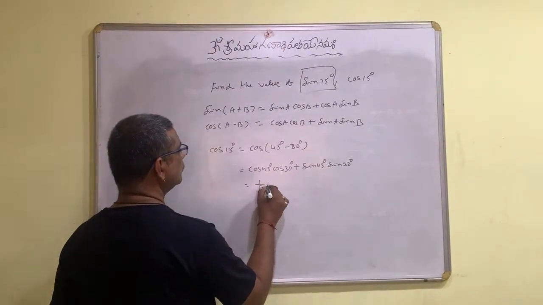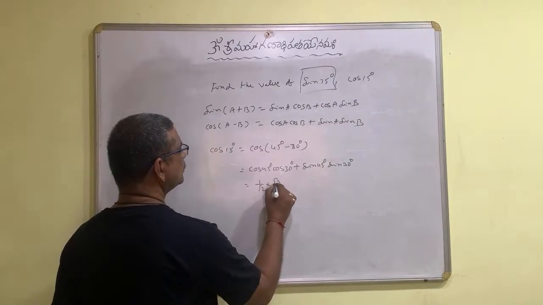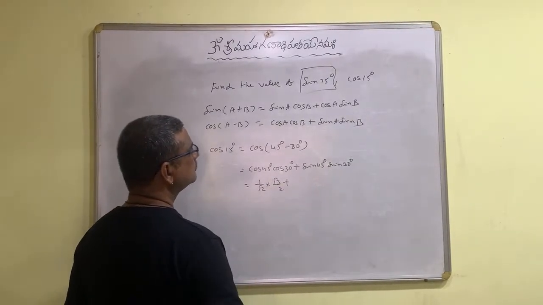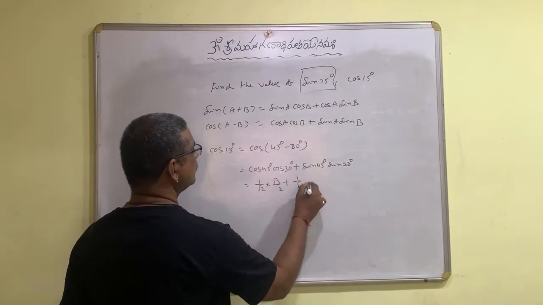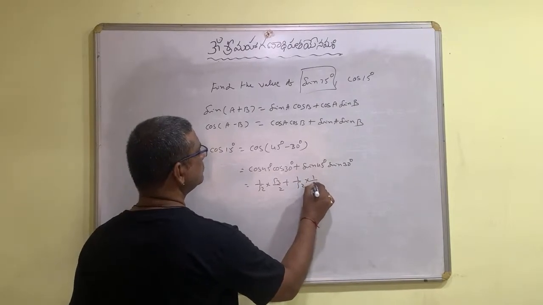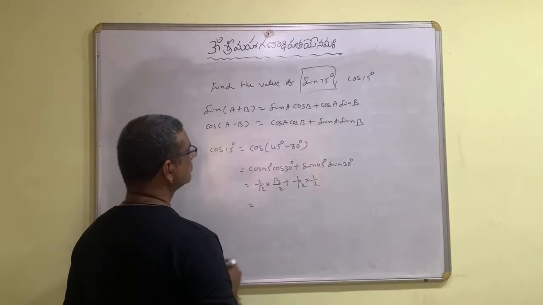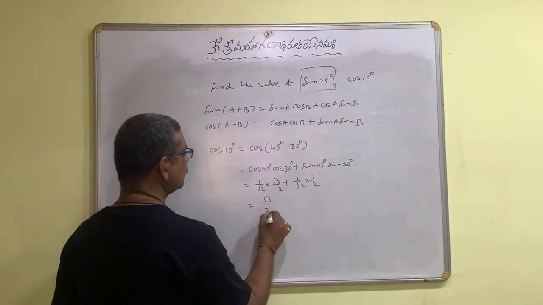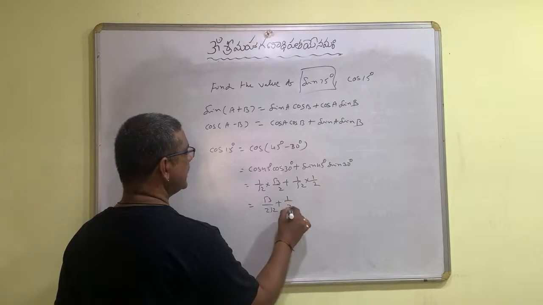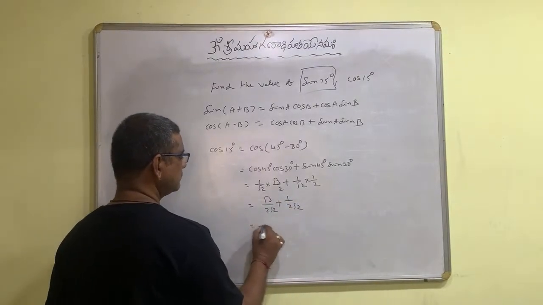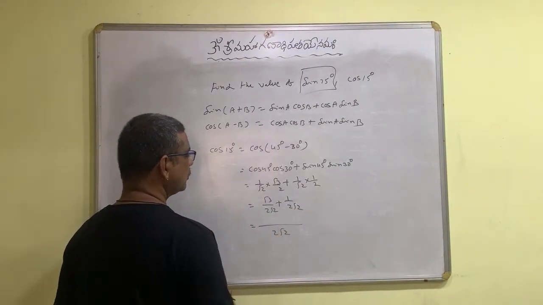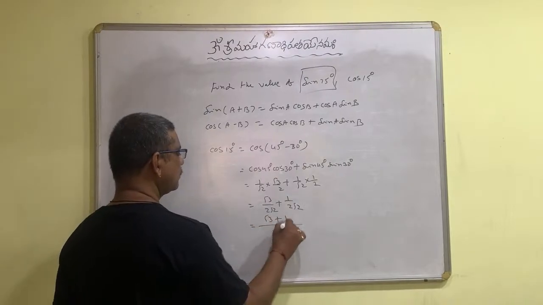1 by root 2 into root 3 by 2 plus 1 by root 2 into 1 by 2. So what is this? Root 3 by 2 root 2 plus 1 by 2 root 2. Same answer. 2 root 2 LCM, root 3 plus 1.